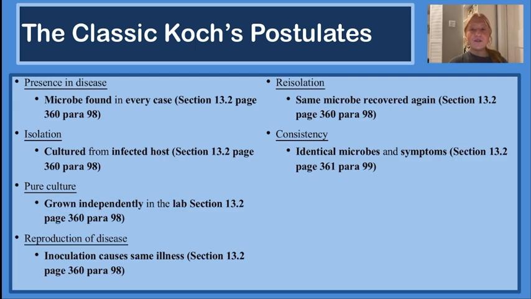And then the microbe must be isolated from an infected individual, ensuring a pure culture, and ensuring that only the suspected organism is being studied. That cultured microbe is then introduced into a susceptible healthy host where it must reproduce the same disease with the same signs and symptoms.